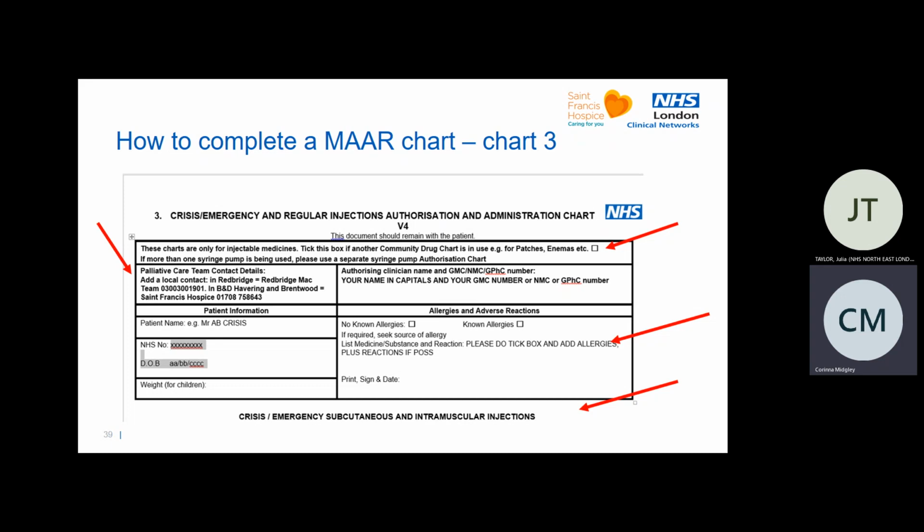You need to mark when another chart is in use, for example, syringe pump, patch, enema, and you need to complete your name and your GMC or NMC or GPhC number. Please do document allergies and be aware that this chart is simply for emergency medication and also regular intramuscular injections to do with palliative care.